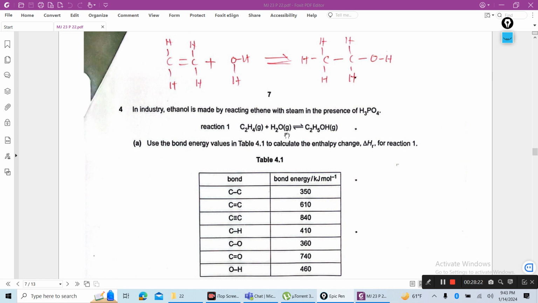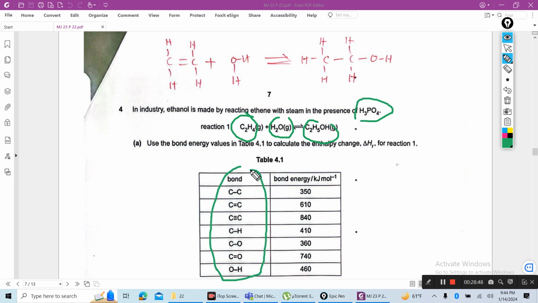Question 4. Ethene reacts with steam to produce ethanol in the presence of phosphoric acid catalyst. Bond energy or bond enthalpy values are given.